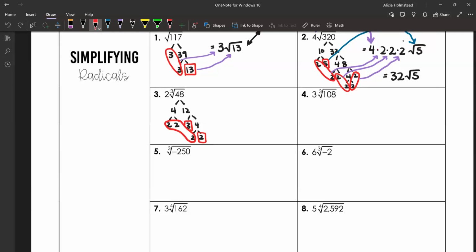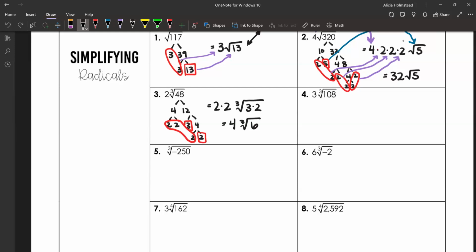So if we pull those out, we've got the 2 out front that's got to come along for the ride. Pull out 1 2 as a representative for the group, and then rewrite our radical. Make sure you remember the index, and then everything inside gets multiplied. So 2 times 2 is 4. Cube root of 3 times 2 is 6.